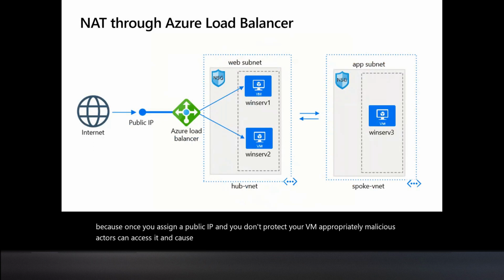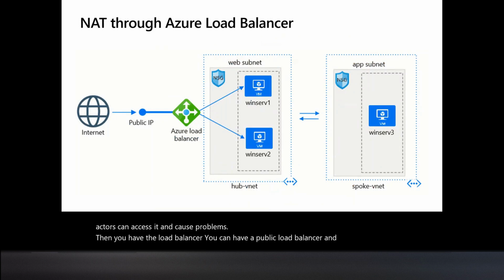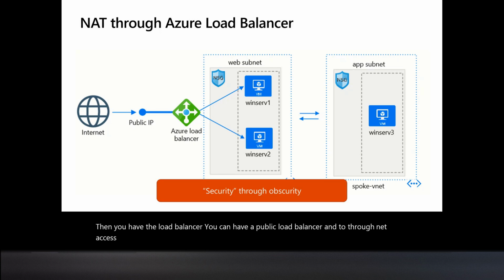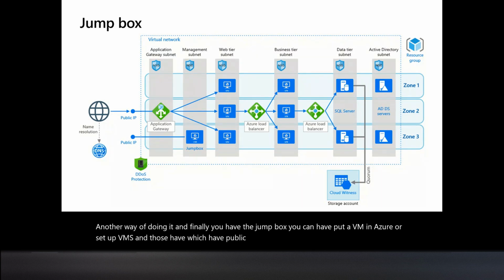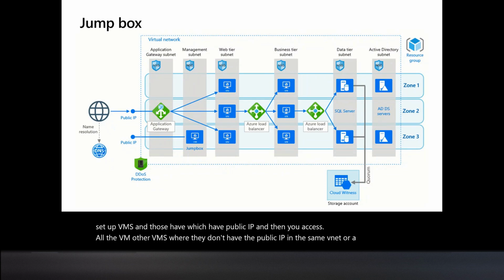Then you have the load balancer. You can have a public load balancer and access VMs behind it through NAT. That's, of course, another way of doing it. And finally, you have the jump box. You can put a VM or a set of VMs in Azure with public IPs, and then you access all the other VMs that don't have a public IP in the same VNet, or a different VNet if you have VNet peering.